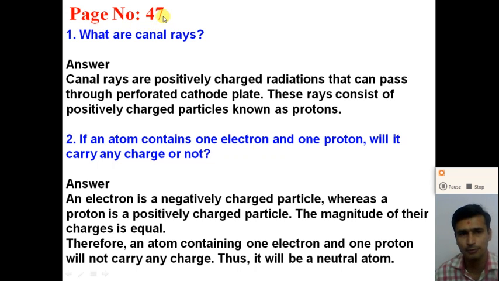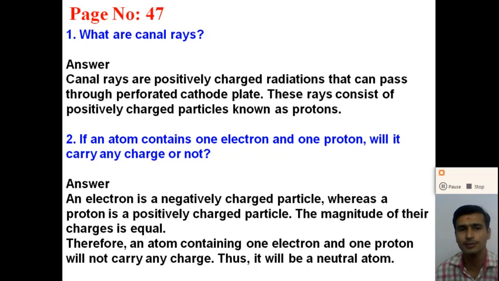On page number 47, the first question is, what are canal rays? So dear student, we know that canal rays are positively charged radiation that can pass through the perforated cathode plates. When the positively charged particles pass through the perforated cathode ray plates, the canal rays are emitted.